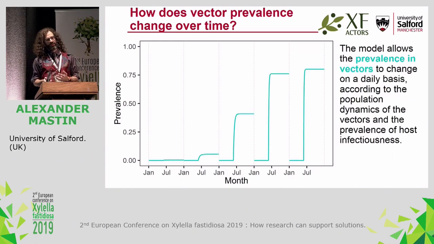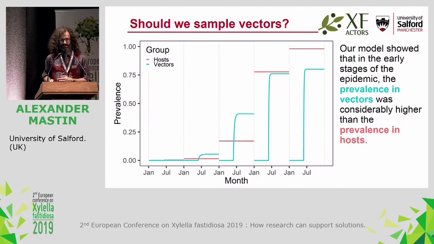And then we use a differential equation model to model the vector prevalence over time on a daily basis, accounting for the fact that vectors emerge and will then spread the infection. So we can see we get these peaks of infection as the infection spreads. We can clearly see from this model that early on in the infection, the prevalence in vectors, shown here in blue, is higher than the prevalence in hosts during that peak time when vectors are around and they're basically on olives in early summer.